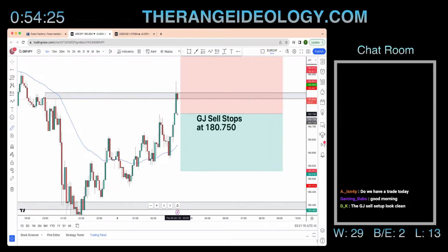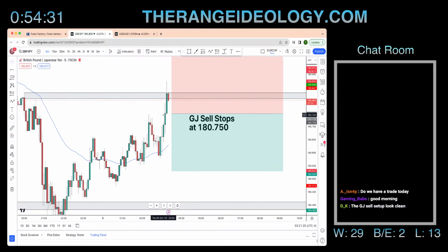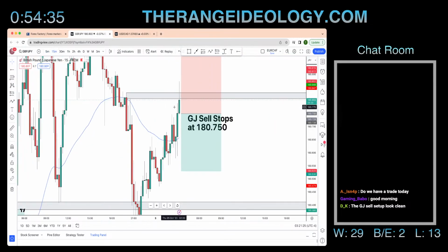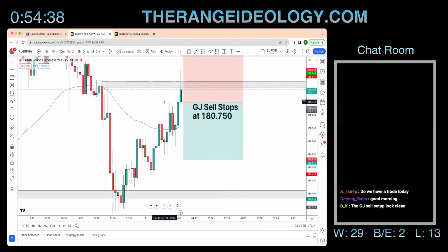Still about, what is it, 5 pips away from our entry. But again, if this current candle has a bearish engulfing to the downside here, we could definitely see it push all the way back down here.